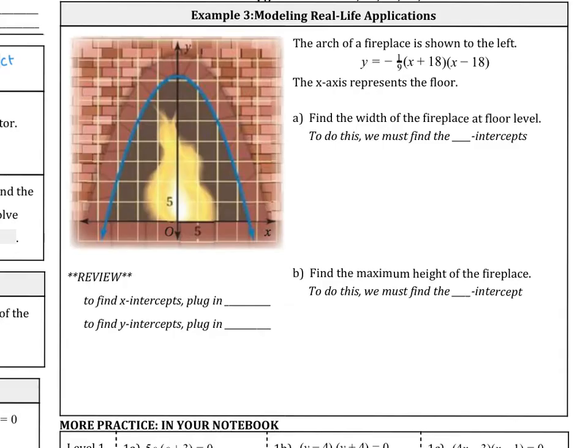Now we are going to discuss example number 3, modeling with real-life applications. So what do you see here? You see this graph, and this is called a parabola graph. This type of graph you get when you have an equation of the second degree, or two factors.